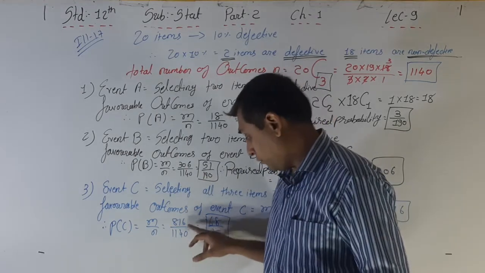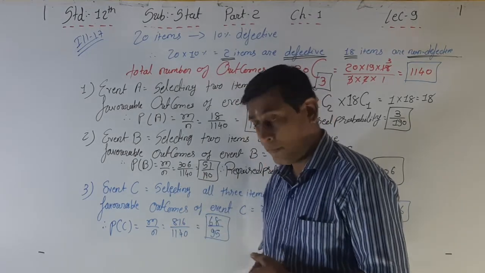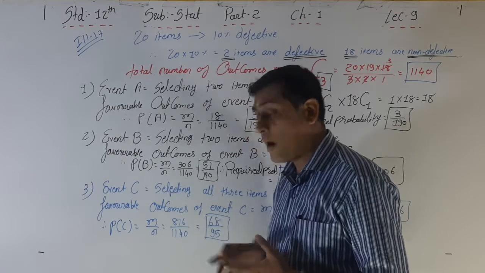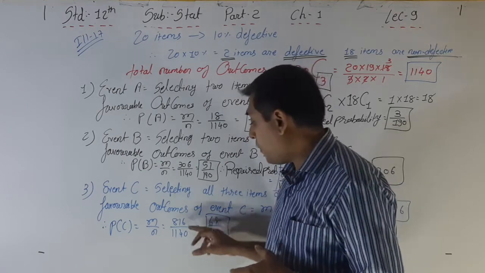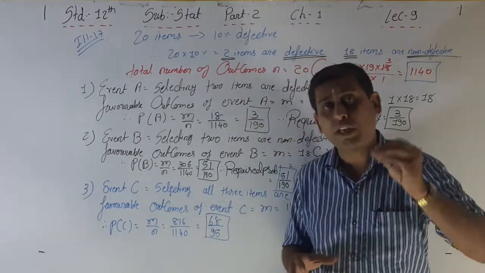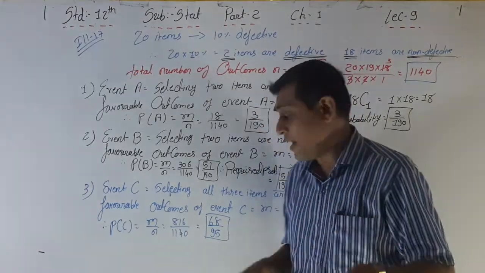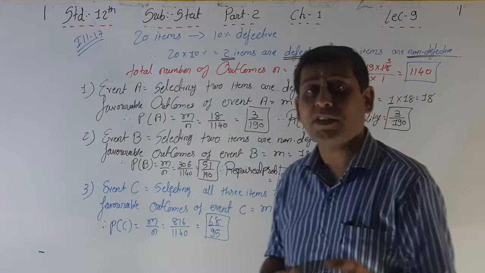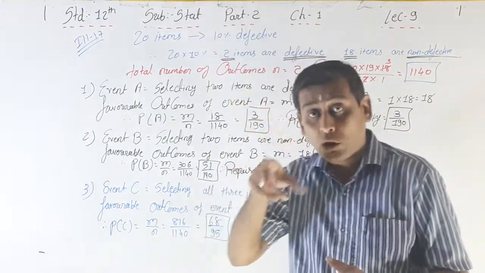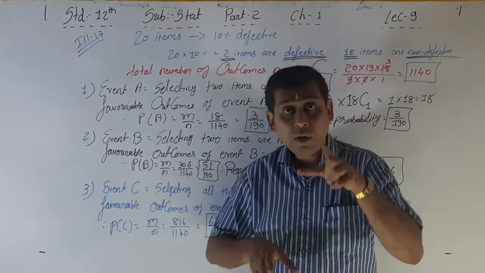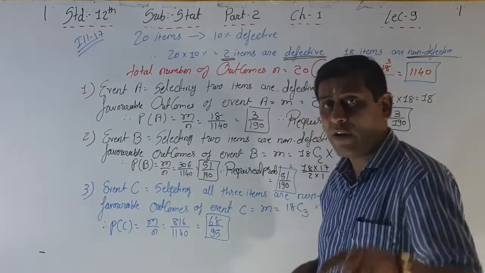But here 12 is common, divided by 12 and divided by 12. Take this 6 common first of all. 816 divided by 6 is 136, and 1140 divided by 6 is 190, and both are now even numbers, that's why divide by 2.